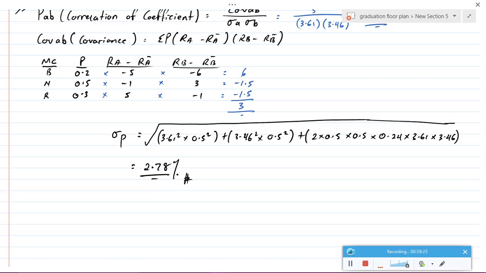What is the return? 15% plus 12%. We divide 2, how much you get? And for risk, 3.61 plus 3.46 divide 2, how much you get?